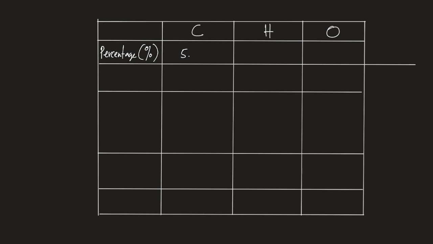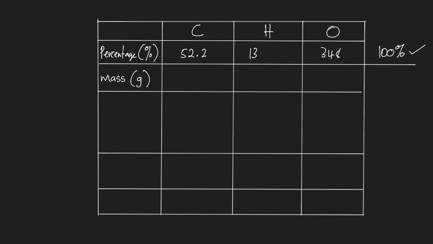So they gave you 52.2%. They gave you 13% of hydrogen. Okay. And they gave you 34.8% of oxygen. When I add that together, I get 100%. So that's my first thing that I need to sort out. The second thing they want is mass. And I put a g here so that I don't have to sort that out.